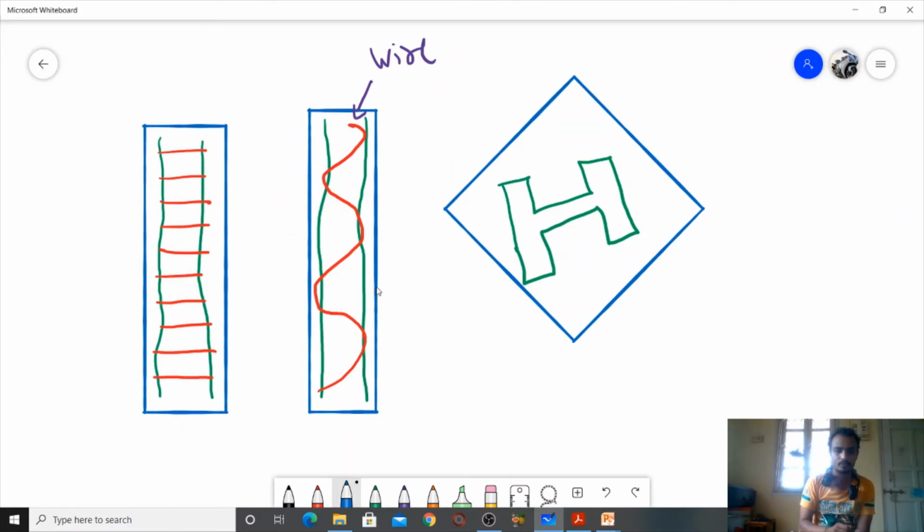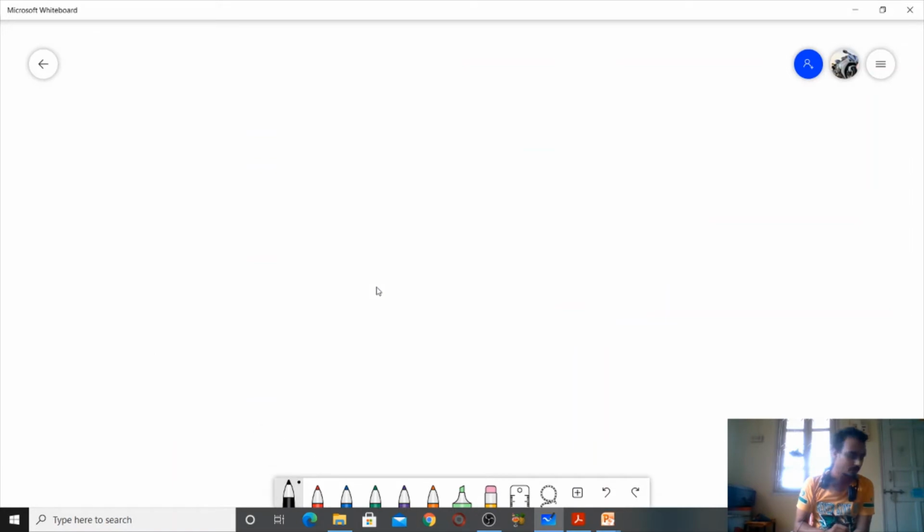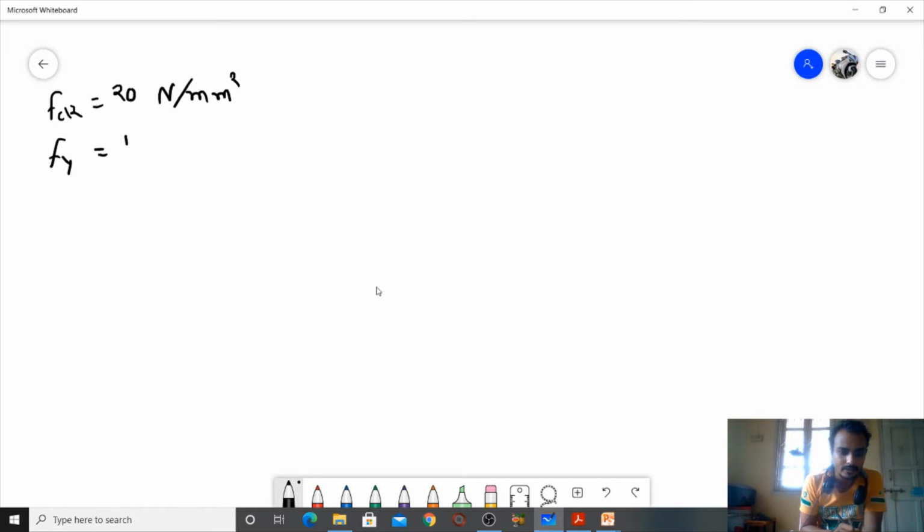First of all, we have to find the given data in the example. First, we have fck is 20 Newton per mm square. Second, fy is 250 Newton per mm square. M20 fck is the grade of concrete and fy is the grade of steel.